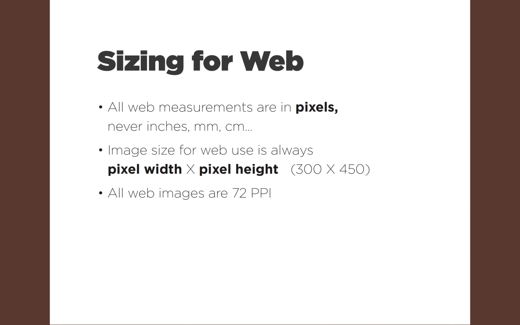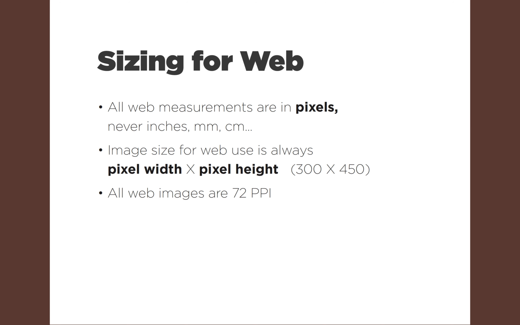So if somebody asks you to do a web banner or an image or a pop-up or something, they will always say, I need it in X number of pixels by X number of pixels, say 300 by 450. That tells you some very immediate things. One, that tells me that it is based in pixels. Second, it tells me that it will be for the web.